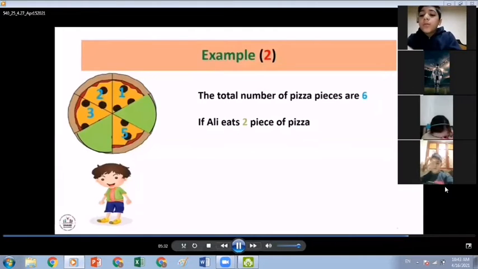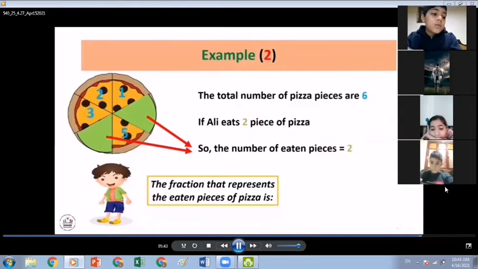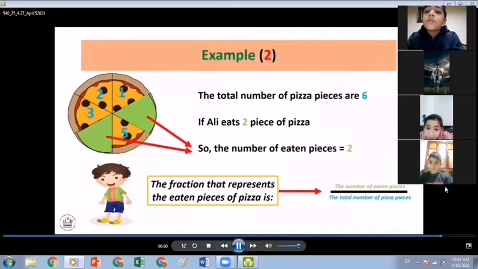What is the fraction that represents the eaten pieces of this whole pizza? The fraction that represents the eaten pieces of pizza is 2 over 6. 2 represents the numerator or the upper part of the fraction, or the number of eaten pieces, and 6 is the denominator or the lower part of the fraction, and it is the total number of pizza pieces.